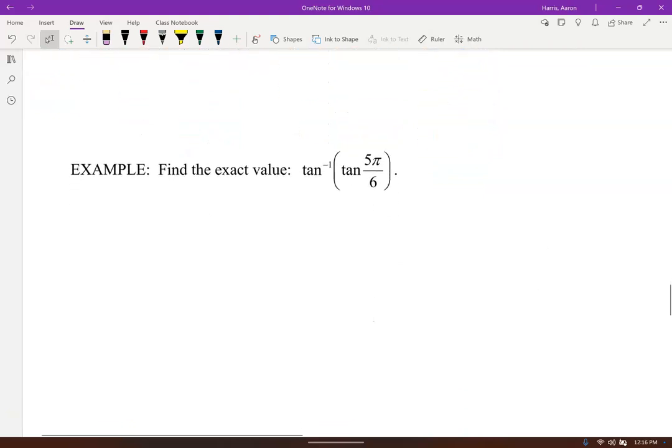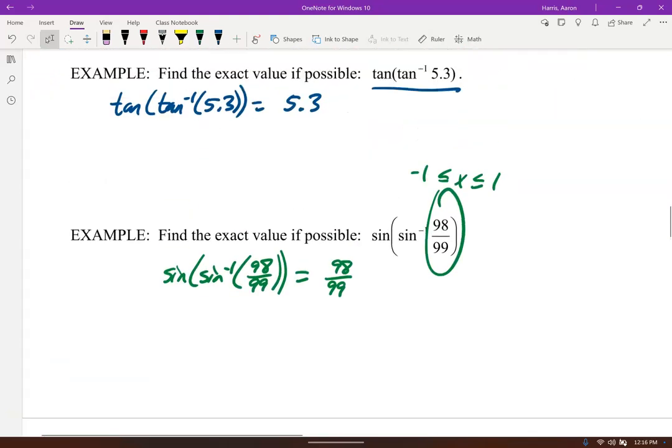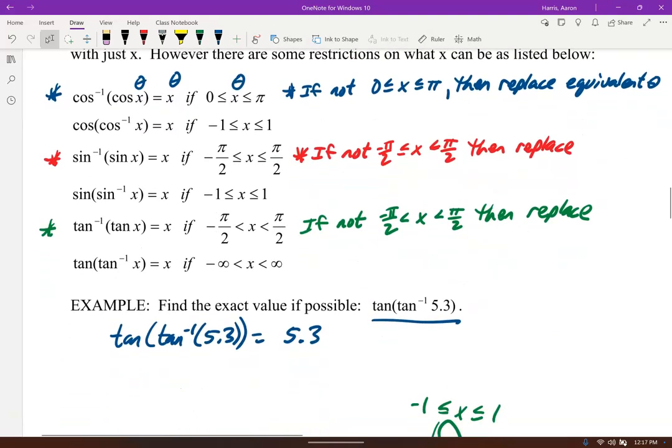All right, how about the arctangent of the tangent of 5 pi 6? Let's come back up here. Arctangent of the tangent of 5 pi 6. So I'm using this one. It's got to be between negative pi halves and pi halves. Let's go ahead and write that.